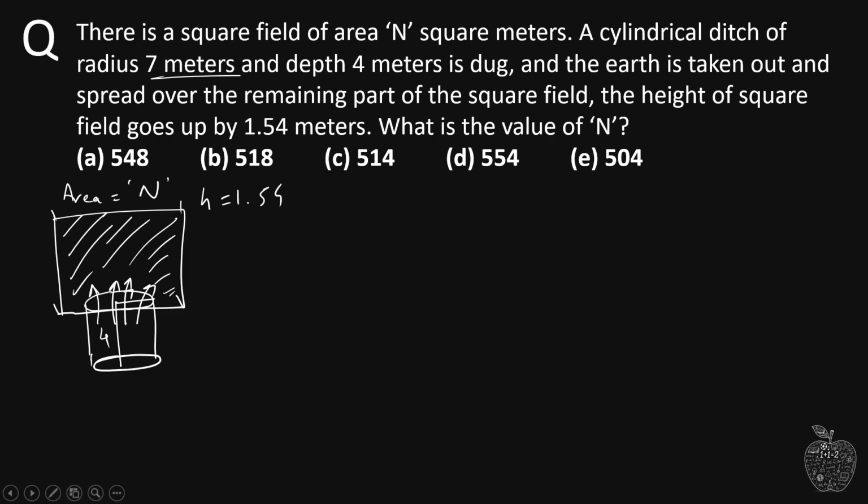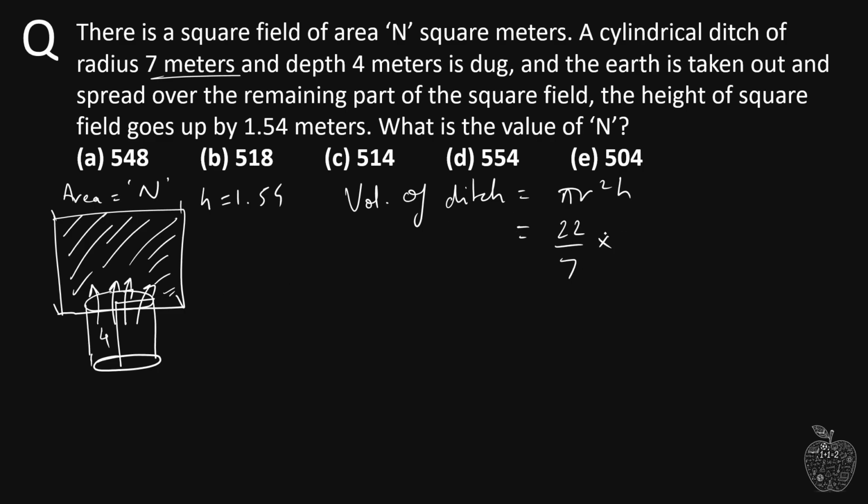So first of all we'll have to find out how much earth has been dug out. Whatever the volume of the cylinder be, it will be the same as the earth that is taken out. So first we'll calculate the volume of this ditch. The formula to calculate volume of cylinder is pi r square h, right? So for pi we'll write 22 by 7.